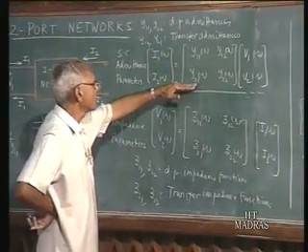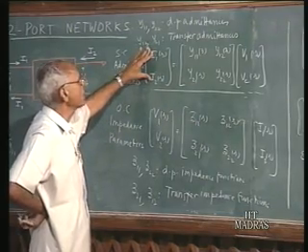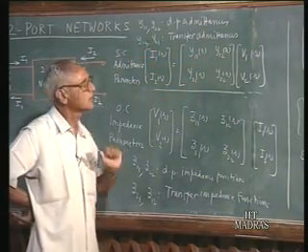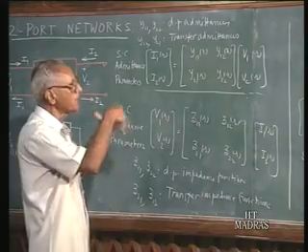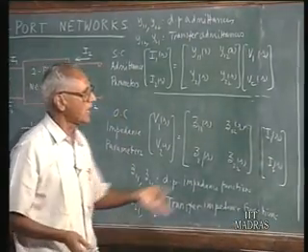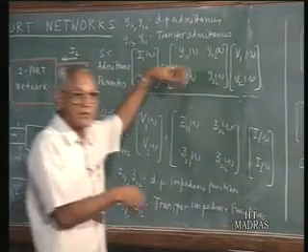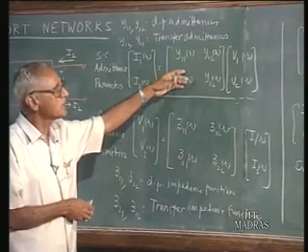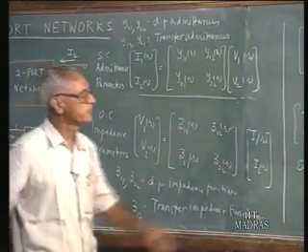After all, from this you have to write down 2 equations for I1 and I2 in terms of V1 and V2, and using those 2 equations you can manipulate them to express I1 and V2 in terms of V1 and I2.